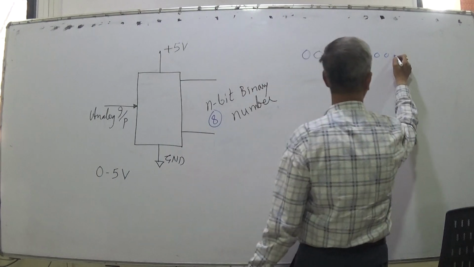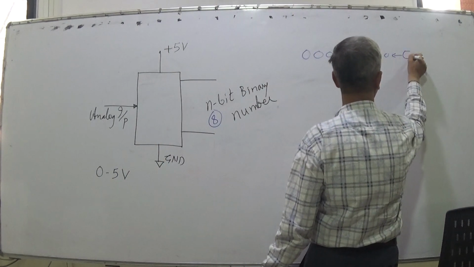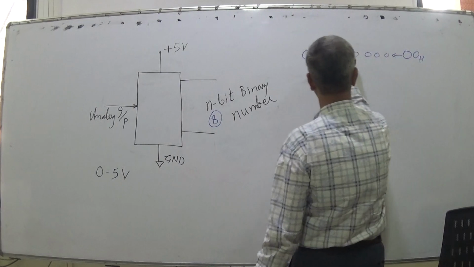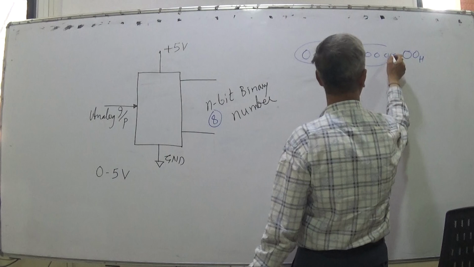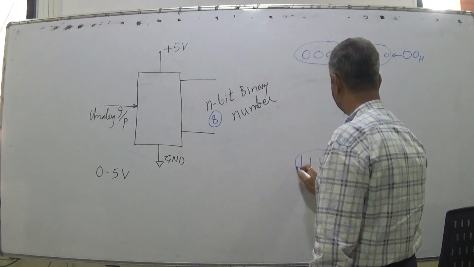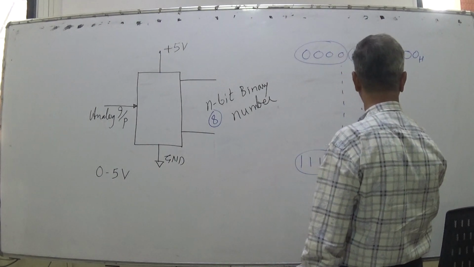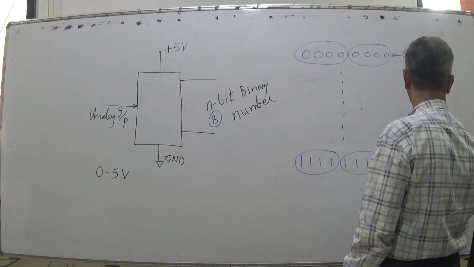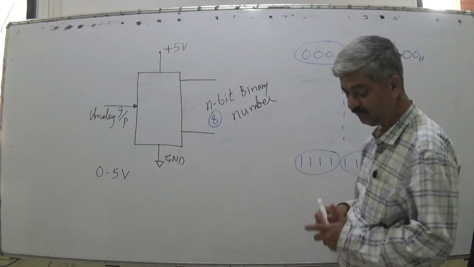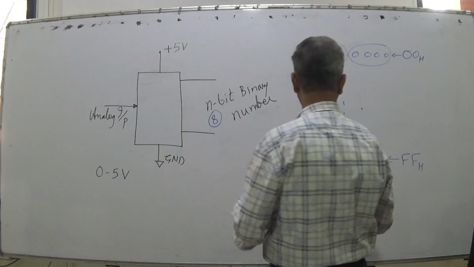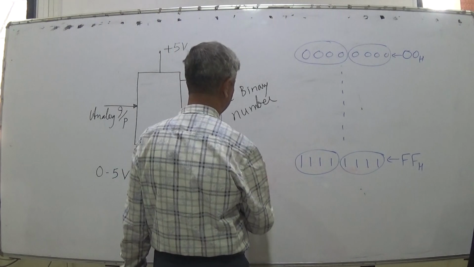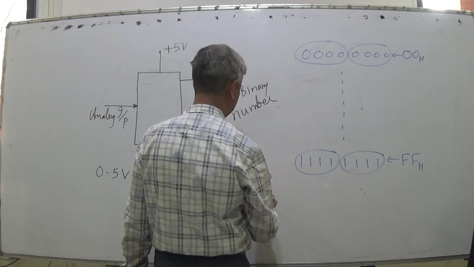The minimum number in 8-bit is 00 hex. These 4 bits we call a nibble, and the 1 1 1 1 is F in hex. So the maximum 8-bit number is FF. It starts with 0 and ends with FF.